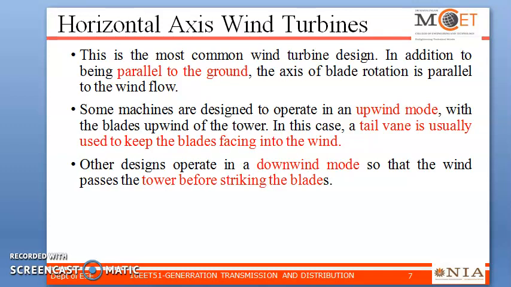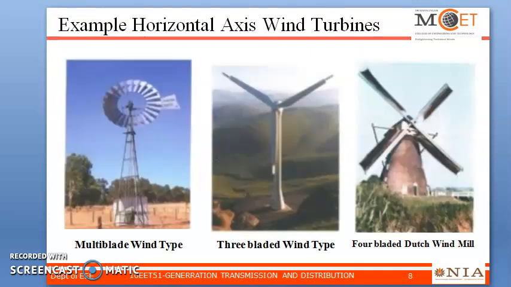So the vertical tower is used to place it like this. After that, many blades are used in this horizontal axis. In India, we use the 3-bladed type, and the 4-bladed method also produces a lot of energy, but in our country we provide only the 3-bladed wind turbines.